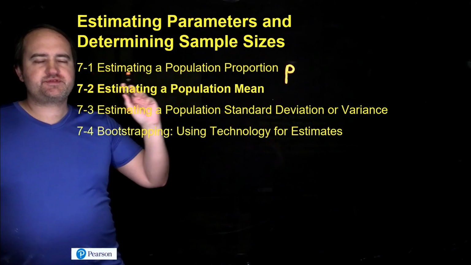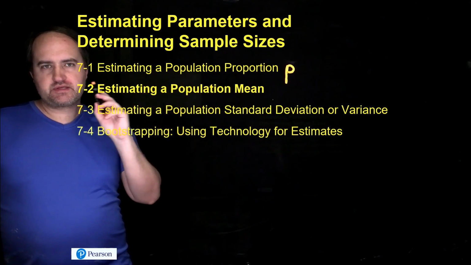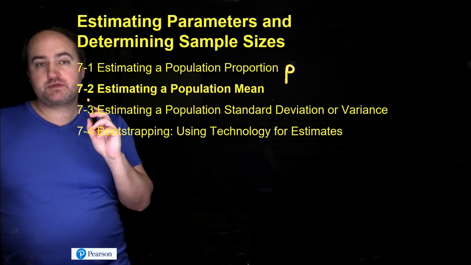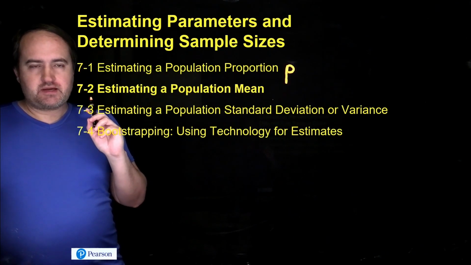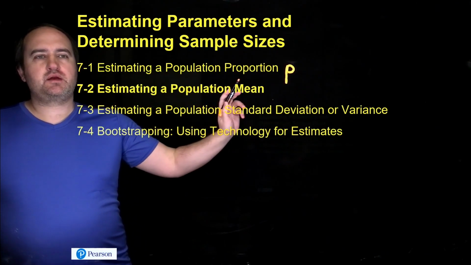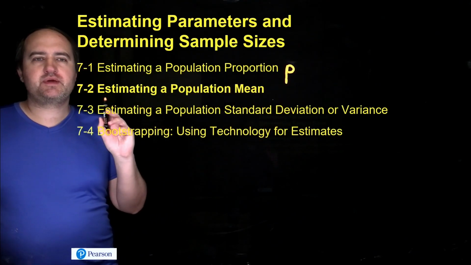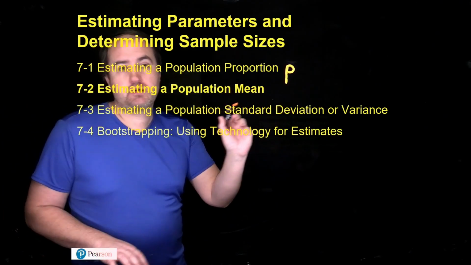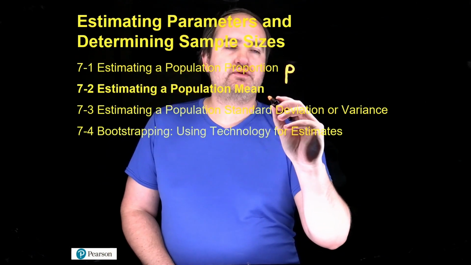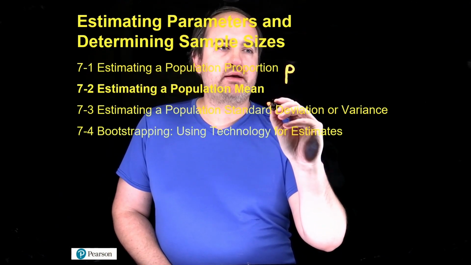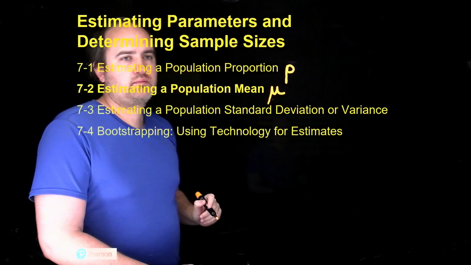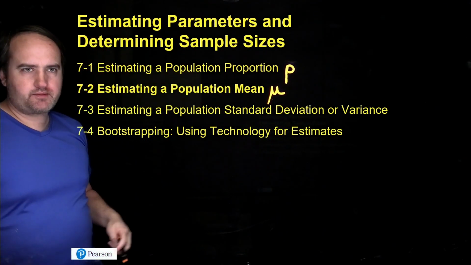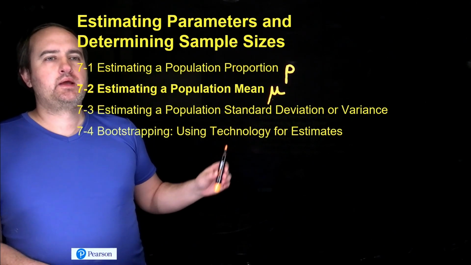We covered a lot of techniques in 7.1 that we're going to be also using today in 7.2. But in 7.2, instead of estimating a proportion P, we're going to be estimating a population mean. And remember that the population mean is represented by the Greek letter mu, which we've seen quite a few times in this course.